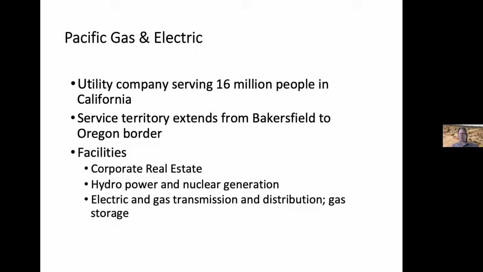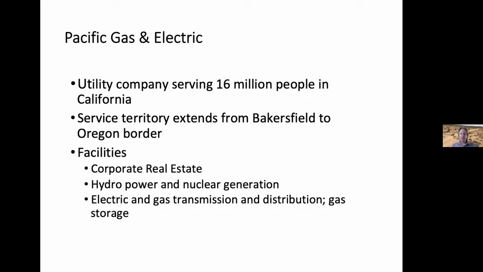PG&E is a utility that serves 16 million people in California. The service territory extends from Oregon all the way down to just north of LA. And we have a lot of different types of facilities within our service territory. So corporate real estate, that's something we can all imagine. That's just buildings that are scattered throughout the service territory.